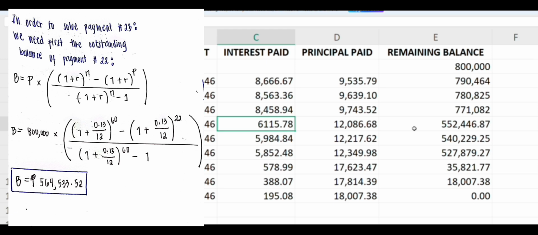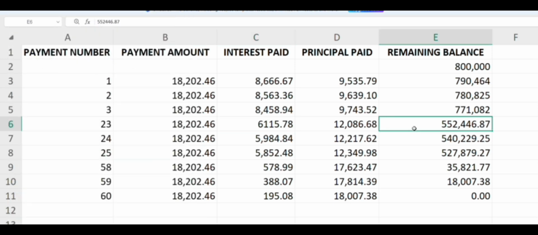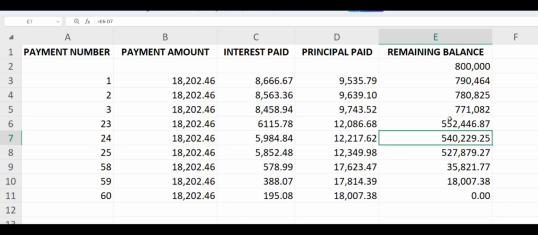564,533.52 pesos. And for our remaining balance, we have 552,446.87. And for our 24th month, our interest paid here is 5,984.84.